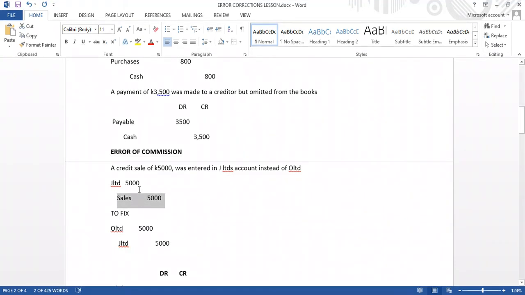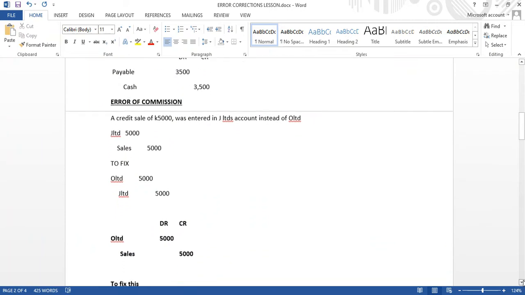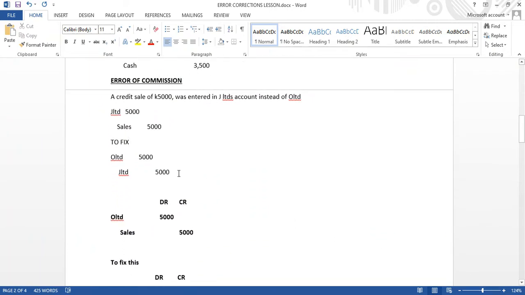You just have to remove this amount from J Limited's account so that O Limited has the amount, and we are okay with it.